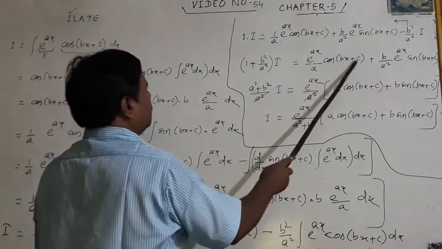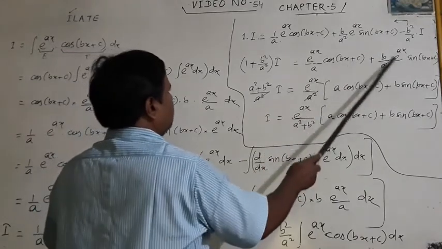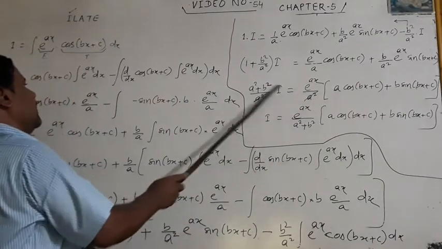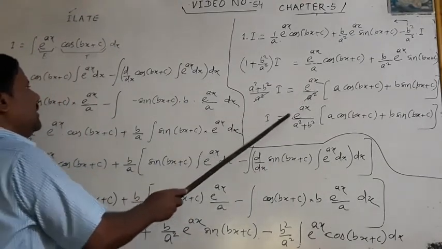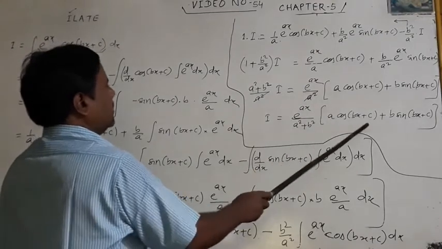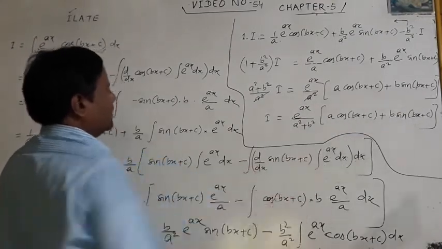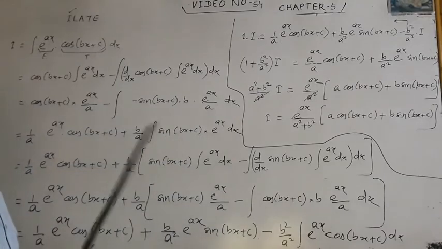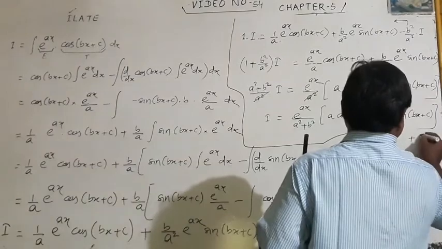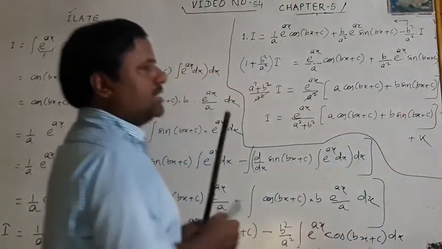So a cos(bx + c) plus b sin(bx + c). Now a squared cancels. I is e to the power x by a squared plus b squared times a cos(bx + c) plus b sin(bx + c). And you have to write a constant. Don't write it as c, write it as k, because c is already there.